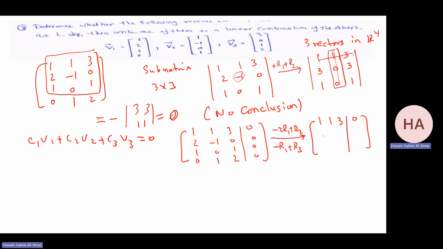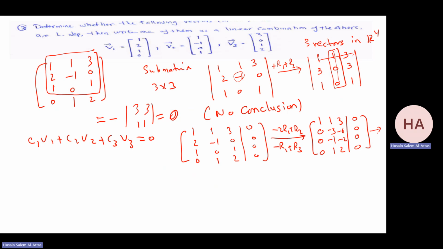This is 0. Minus 2 and add, that will be minus 3. Minus 2 and add, that will be minus 6. This is 0. Minus 1 and add, that will be 0. Minus 1 and add, that will be minus 1. Minus 1 and add, that will be minus 2. And this is 0. That will be 0, 1, 2, 0.